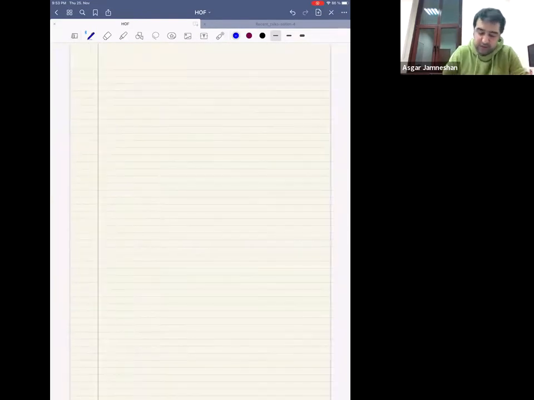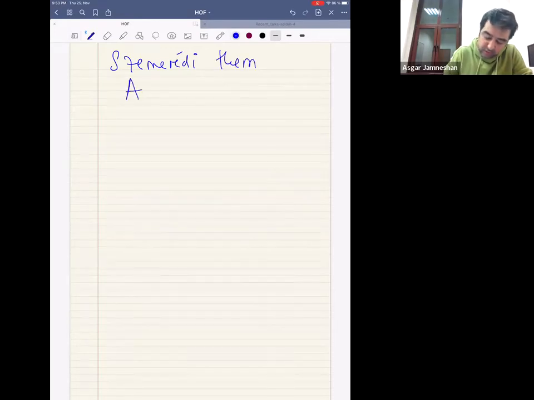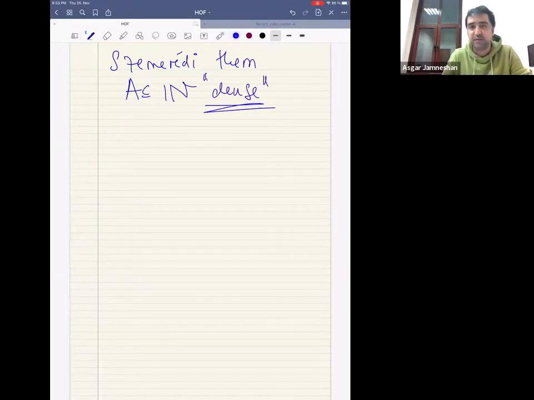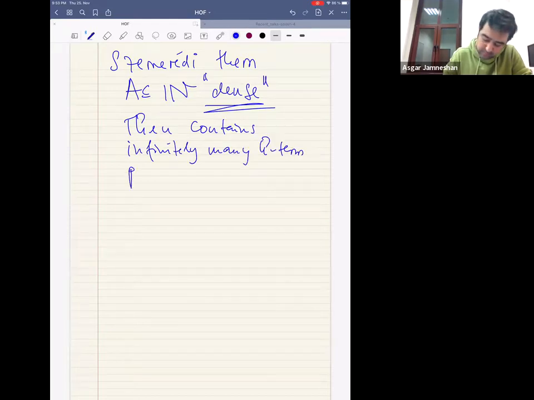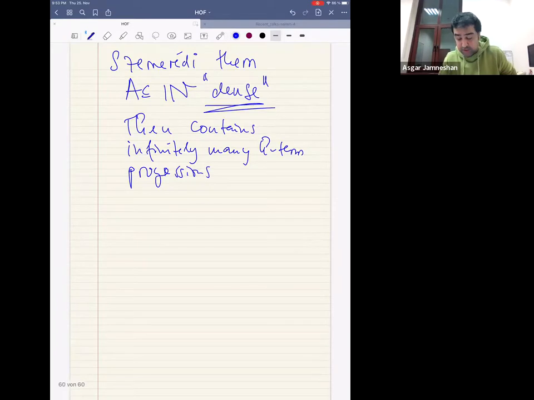And now comes a funny observation, a result which says the following: whenever A is dense, in the sense we just gave, then A contains infinitely many k-term progressions for any k.